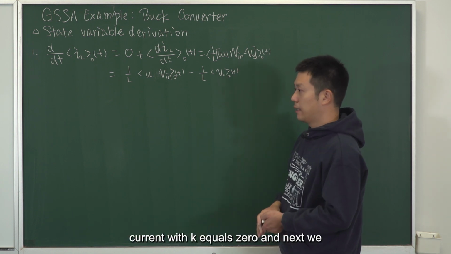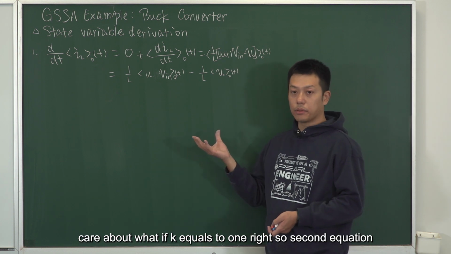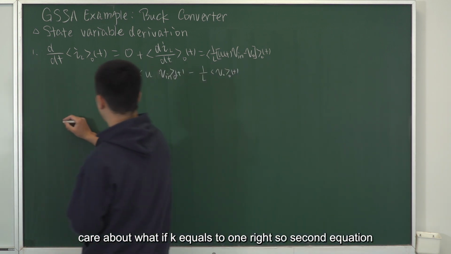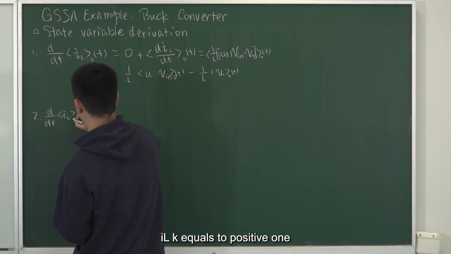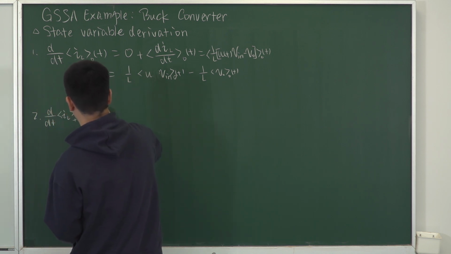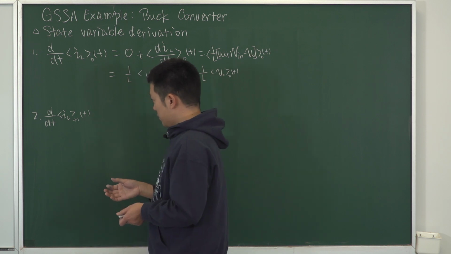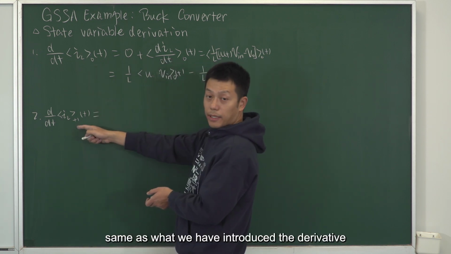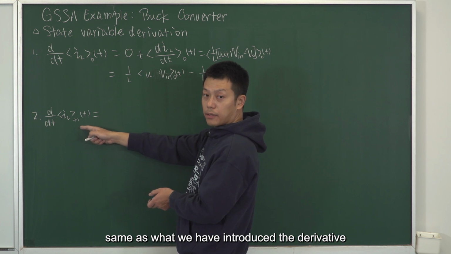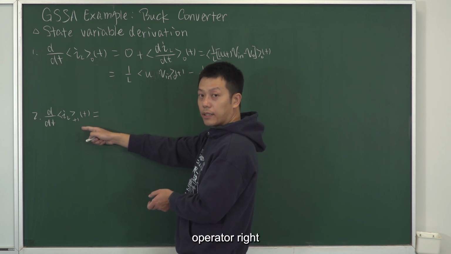And next, we care about what if k equals 1, right? So second equation: d/dt of IL, k equals positive 1. So this will be the same as what we have introduced for the derivative operator, right?